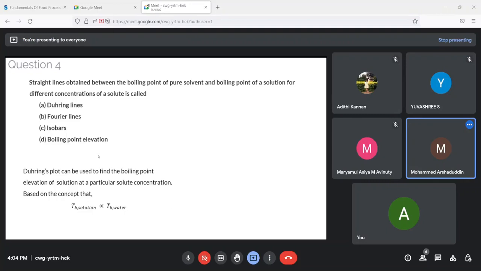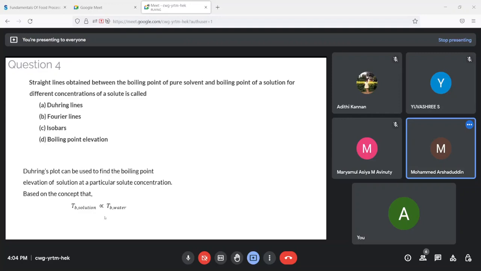And Duhring's plot is based on the concept that the boiling point of the solution is directly proportional to the boiling point of the solvent. That is, in our case of interest, the solvent is actually water. So the boiling point of solution is always proportional to the boiling point of the water. And higher the solute concentration, higher is the boiling point of a solution.